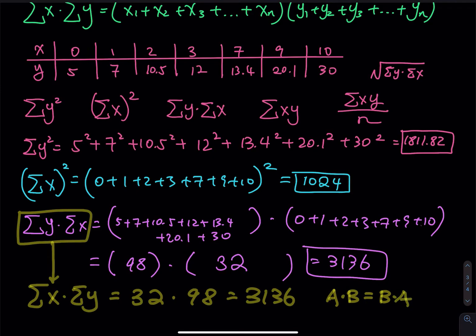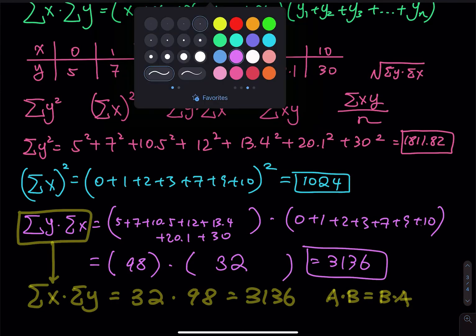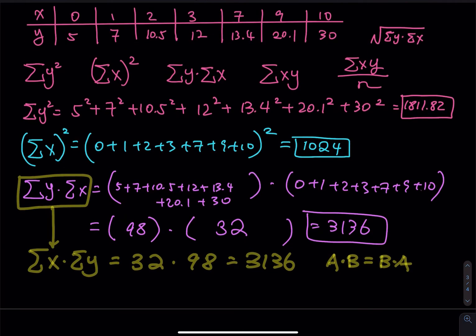right? The next one is the sum of x times y. So the sum of x times y, let's switch to another color. So we have the sum, x times y. So this one we have to multiply every single pair first.